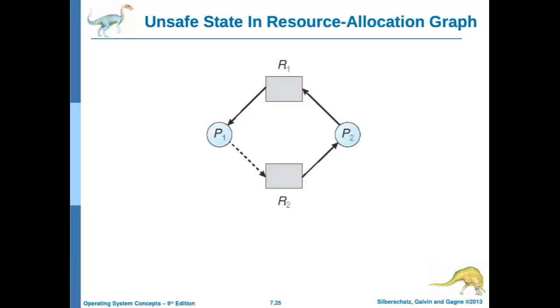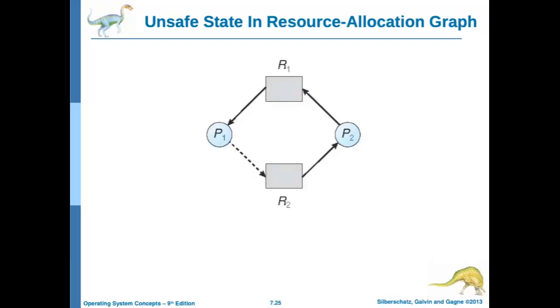So that results in a kind of loop in the resource allocation graph. Okay, so the operating system does not allow conversion of this claim edge into a request edge. Because of that, maybe P1 has to surrender the resource R1, for example, because P1 cannot continue without R2.